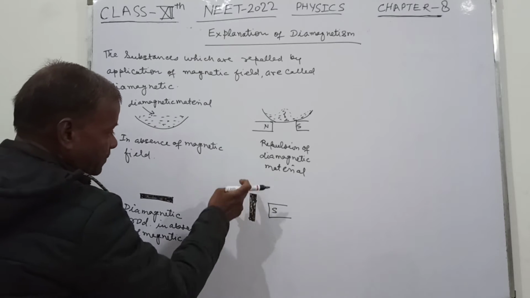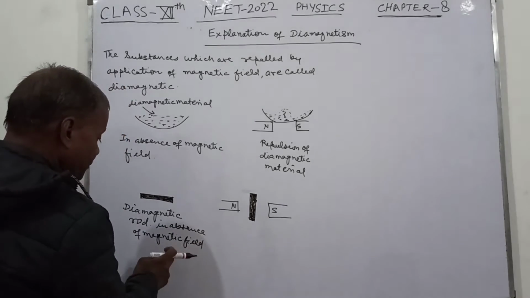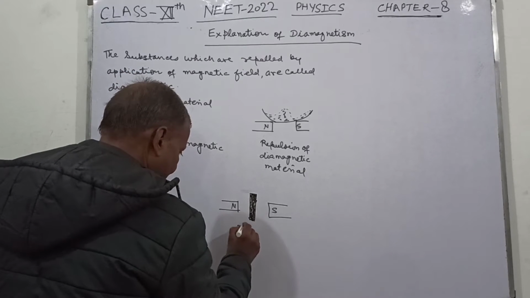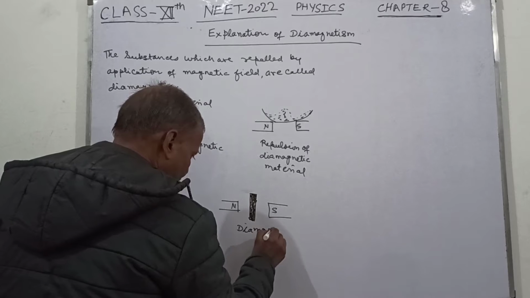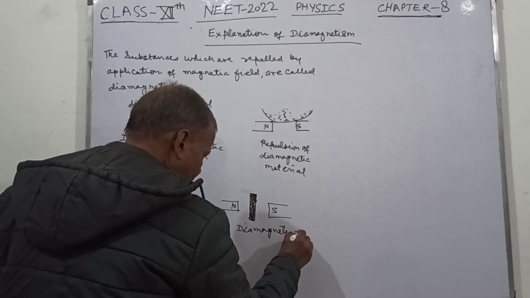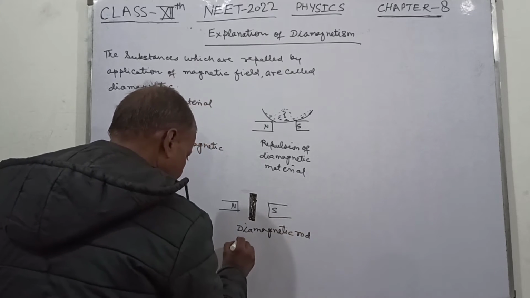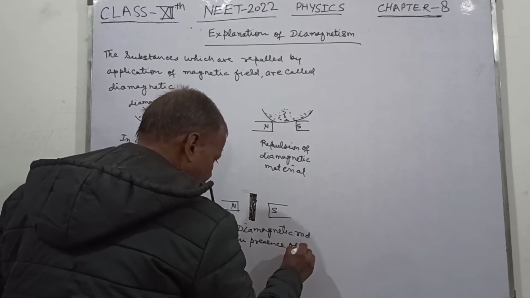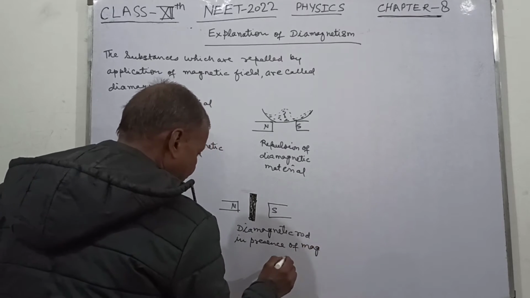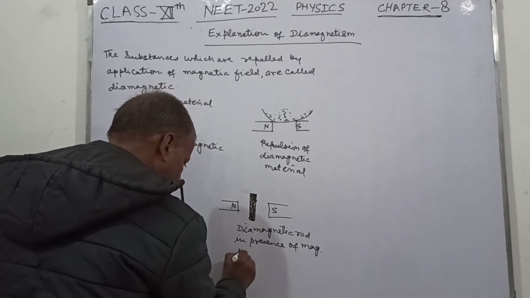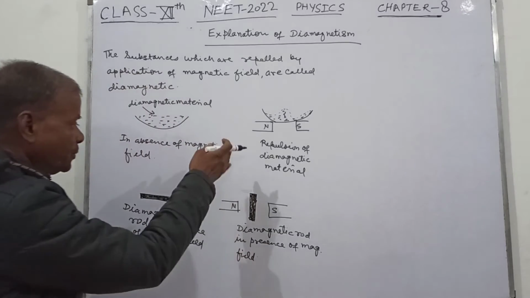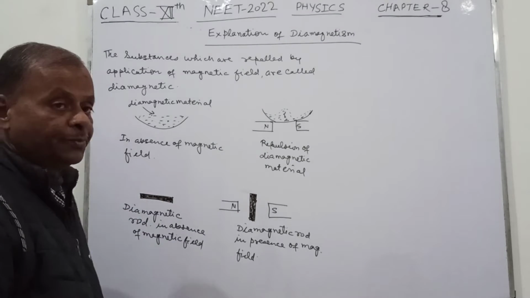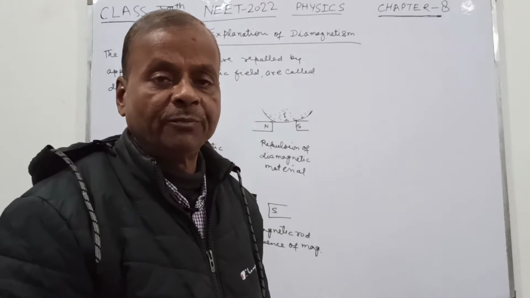This is the perpendicular position of the rod in presence of magnetic field. So it becomes perpendicular. This shows that this material is being repelled by the applied magnetic field.